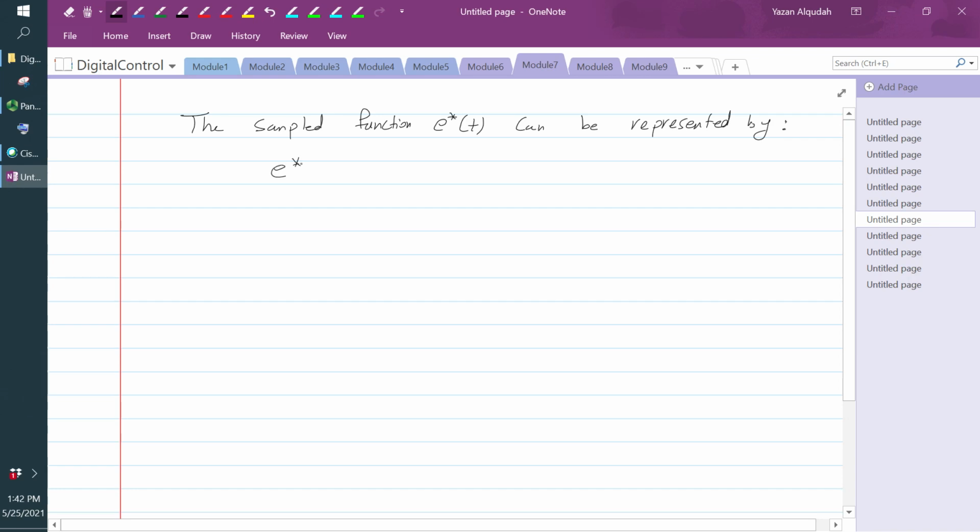I'm going to say E star of t is equal to delta T, the impulse train of t, multiplied by E of t. I can also write this, since the impulse train is a summation. Again, this delta T is the impulse train. So if I substitute for it, I can write this as the summation from n equals 0 to infinity of E of t multiplied by delta of t minus n multiplied by T.